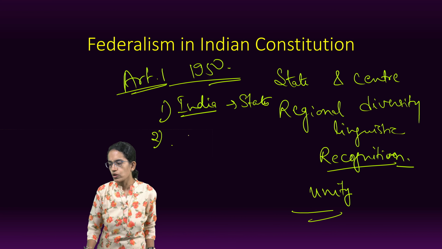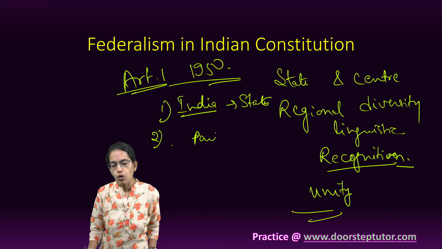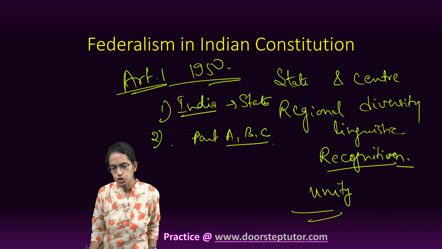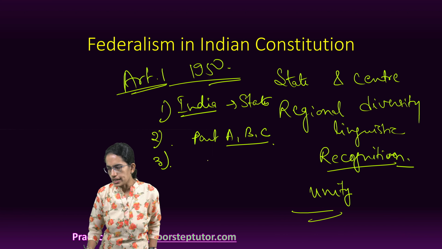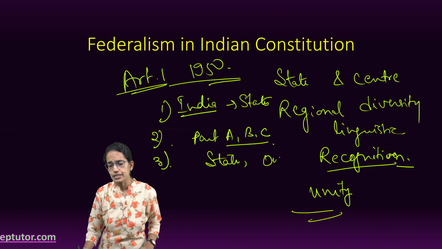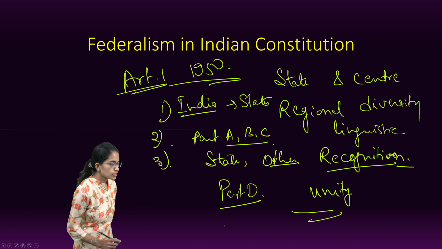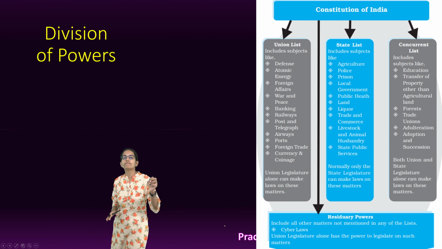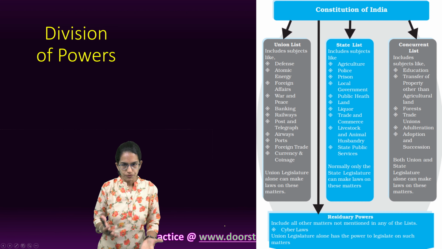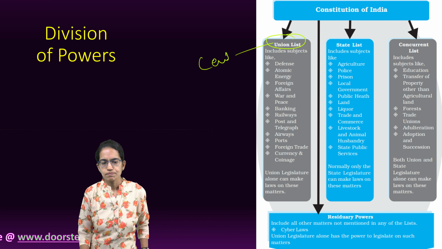The second thing was the states and the territories of the states would be the part of Part A, B, C of the First Schedule, and the last was the territory would comprise of the states, the other territories which have been acquired, and the territories which have been specified in Part D of the Constitution. That means all those territories would become ultimately the part of the Federation of India.